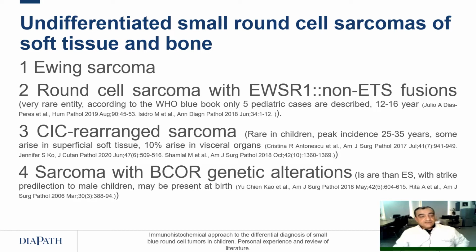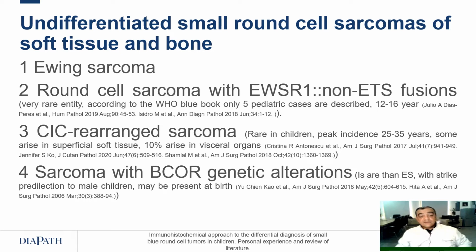The cases with the Ewing sarcoma, and let's see that according to the latest WHO classification, 4 diagnostic entities are under the umbrella of so-called undifferentiated small round cell sarcomas of soft tissue and bones. The first name is the Ewing sarcoma, which is characterized by the specific chromosomal rearrangements we will talk about later.